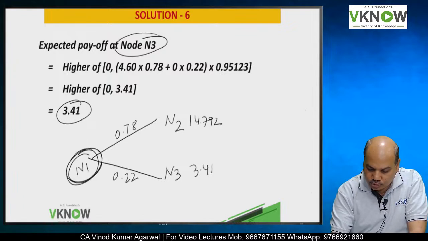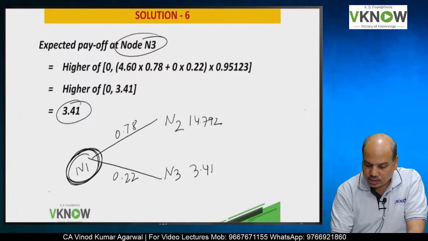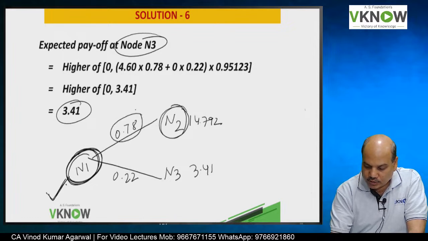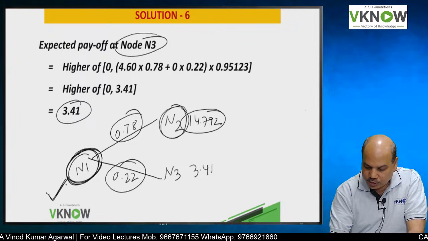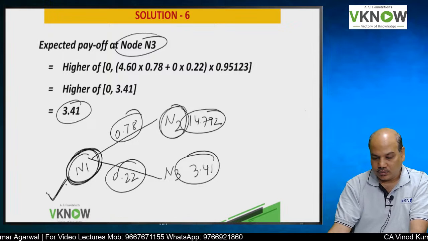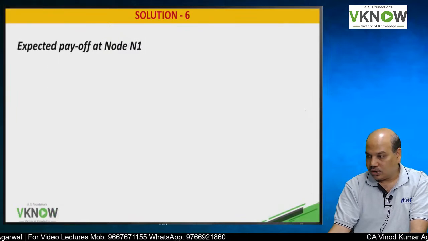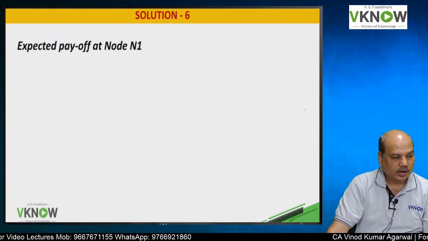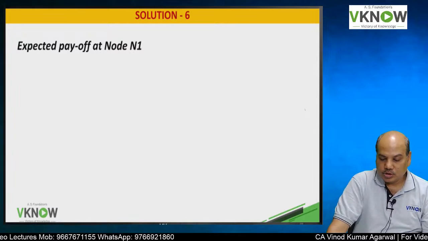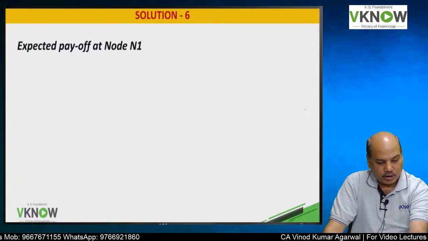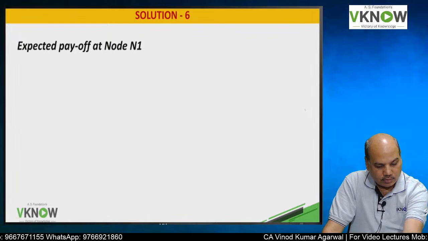So the value of N1 will be the value at this node, or 0.78 into this plus 0.22 into this, into PV factor, whichever is higher. So write down the last part of this answer. Expected payoff at N1.